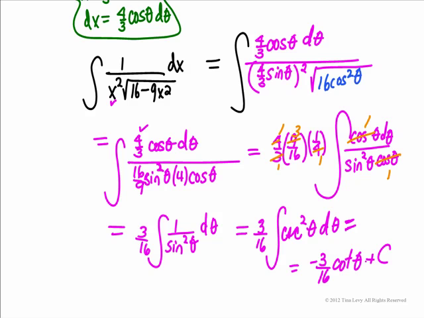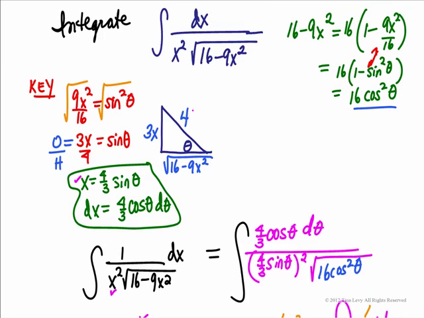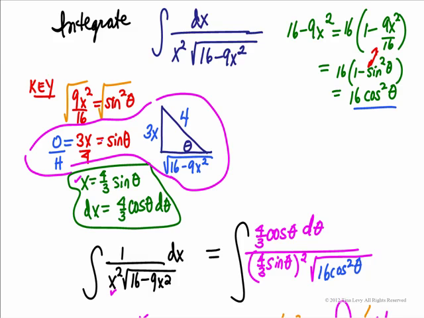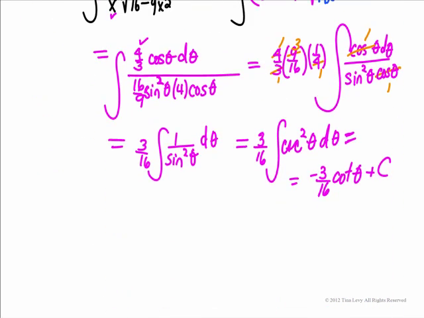Now we've got our answer, but it still is in theta, so that's where we go back to the key, and it's this triangle that we're going to use, the definition of sine, and we're going to use that to get our answer. So we're going to go back here and put that triangle.